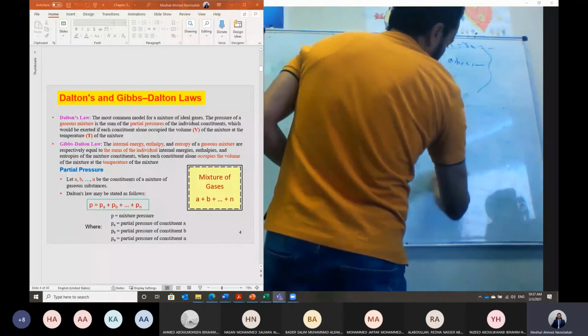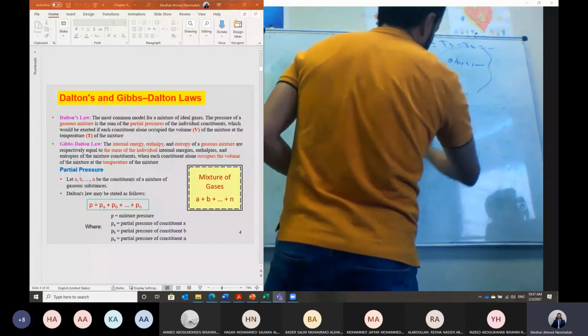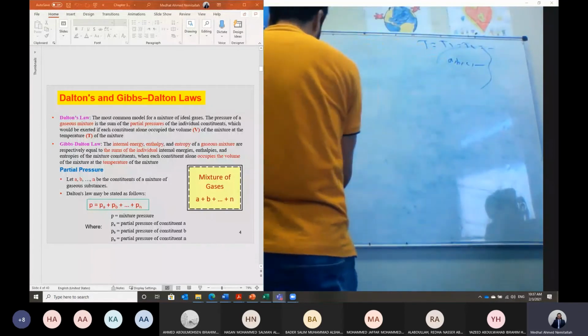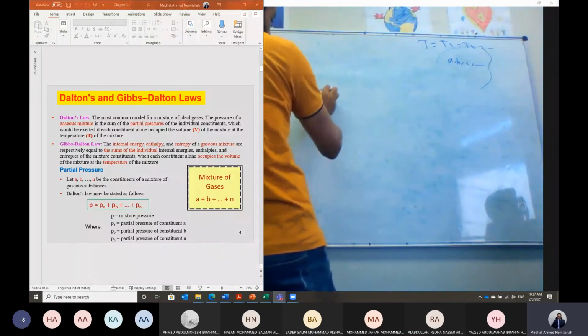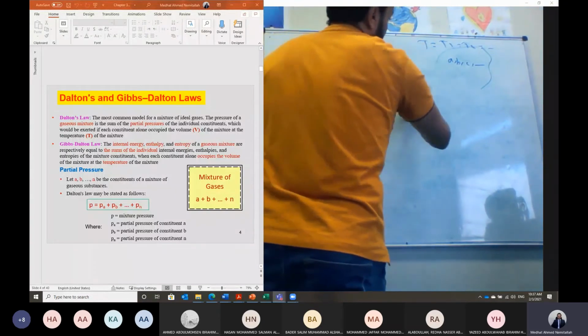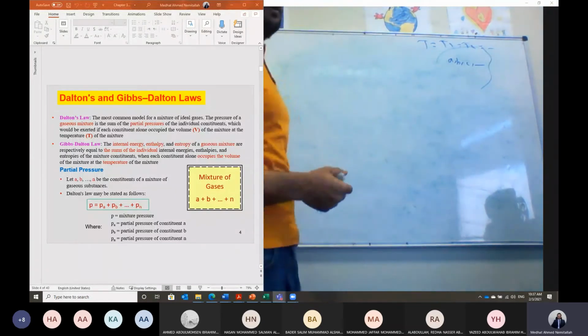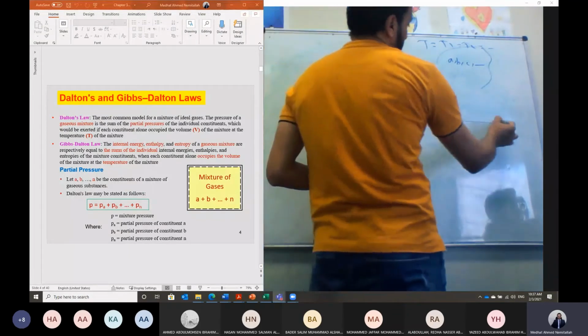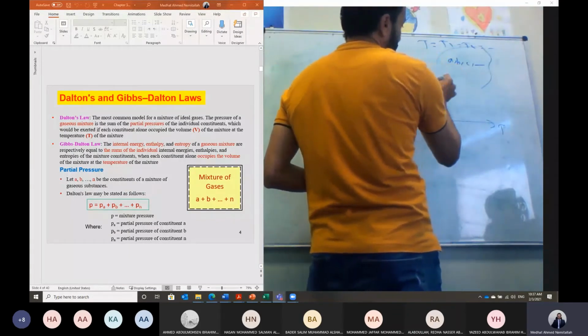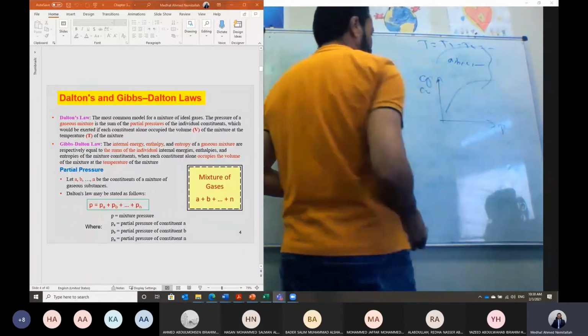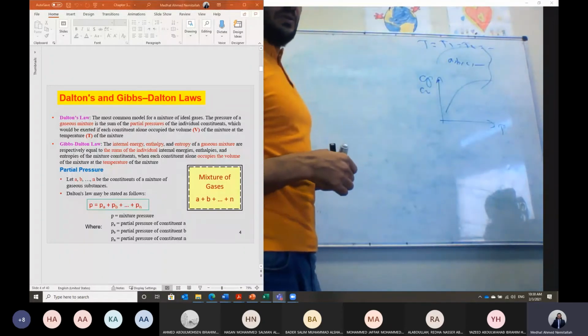They are not constant values at any temperature. The specific heat varies with temperature. Usually it has a parabolic, second-order kind of profile, and they increase with temperature.